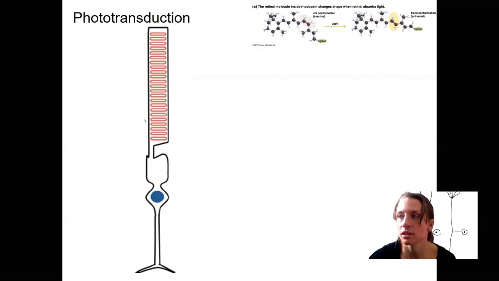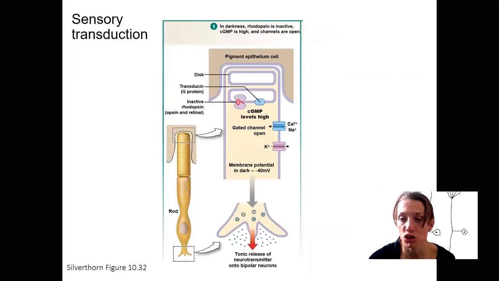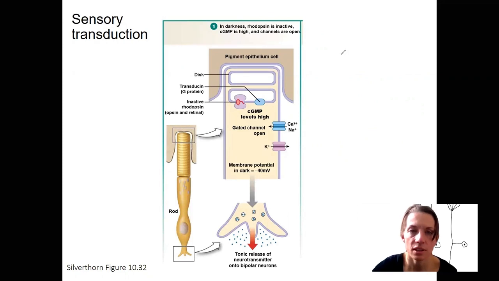Okay, let's look at this with a pre-drawn image. So this is in the darkness. Rhodopsin is inactive. That's that G protein. We've got that conformation of inactive retinol, and transducin is inactive. cGMP is high because the G protein is not turning on phosphodiesterase.